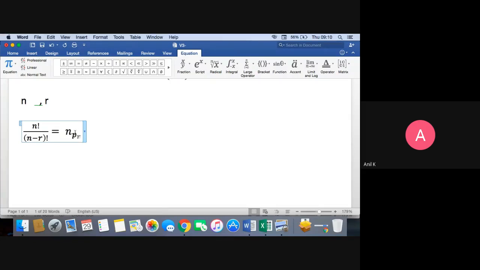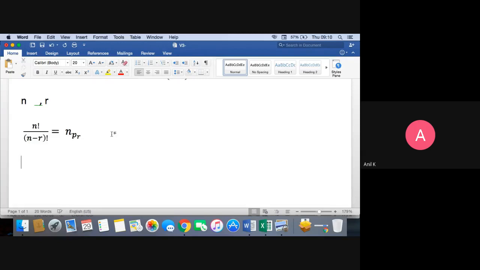Sometimes r may be the same as n, sometimes r may be 0, r may be 1, r may be 2, but the r value will be less than or equal to n. It cannot be more than n. Okay, so this is one of the formulas where repetition is not allowed. If I want to arrange r objects out of n objects, I call it nPr, and the formula is n factorial upon n minus r factorial.